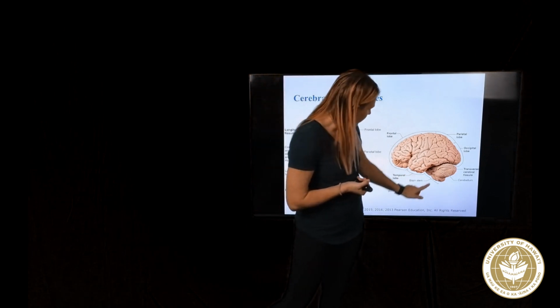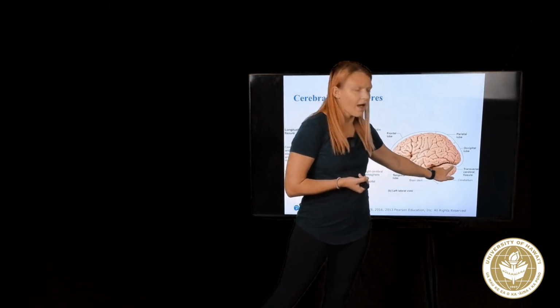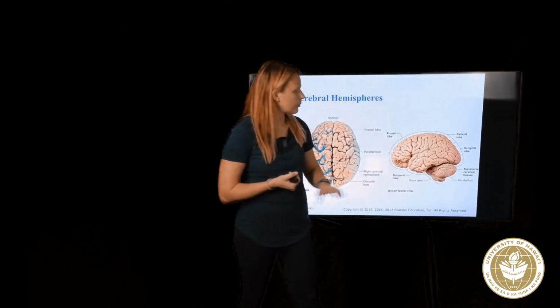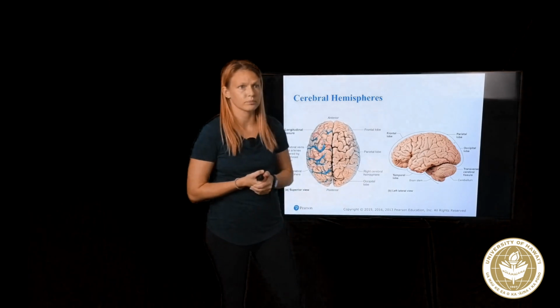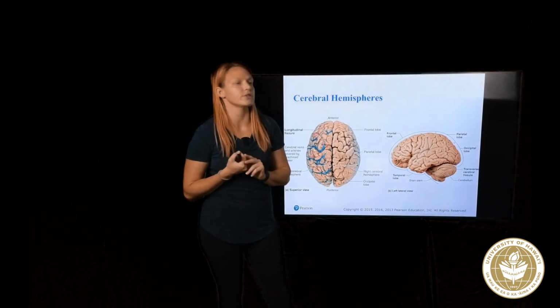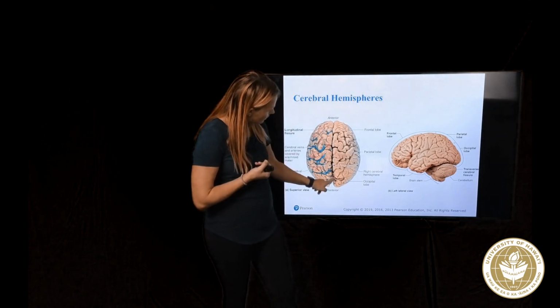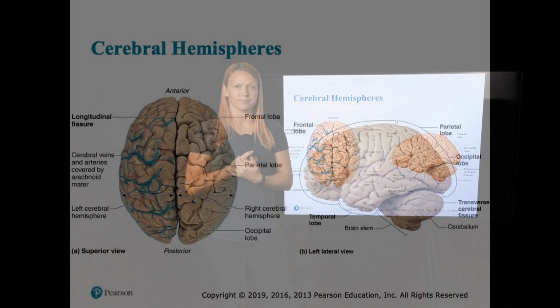You can see that over here in this left lateral view. And you can probably guess what that fissure is separating, right? It's separating the cerebrum from the cerebellum portion. So again, those fissures are just deep grooves. Two of them that I need you to know are this longitudinal fissure and this transverse cerebral fissure.